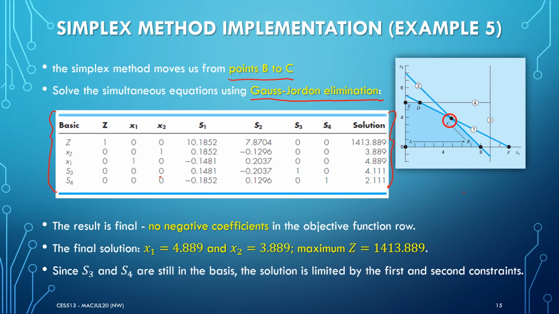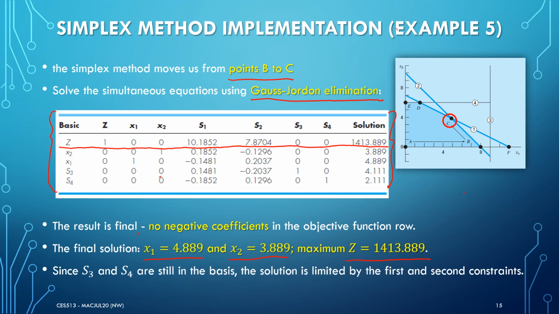How do we know that the result is final? Because there are no negative coefficients remaining in the objective function row. As you can see here, there are no negative coefficients, so that means our result is final. The final solution is tabulated as x1 equals 4.889, x2 equals 3.889, and the maximum z is 1413.889.